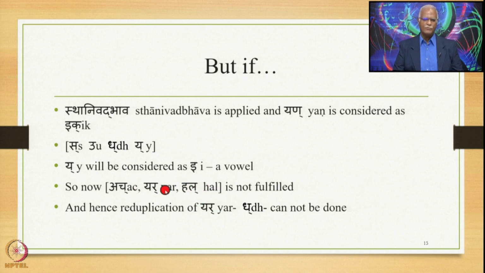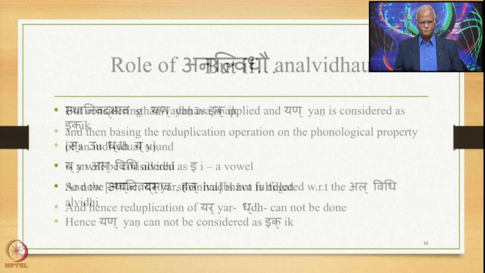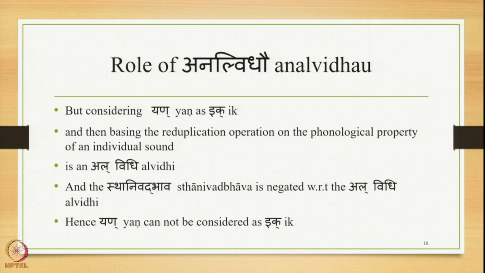Now you have ach followed by yar followed by ach. How does ach come here? Because of sthanivat bhava. So if sthanivat bhava is applied, then the reduplication is negatively affected. Now comes the term analvidhau once again and plays a crucial role in this situation.